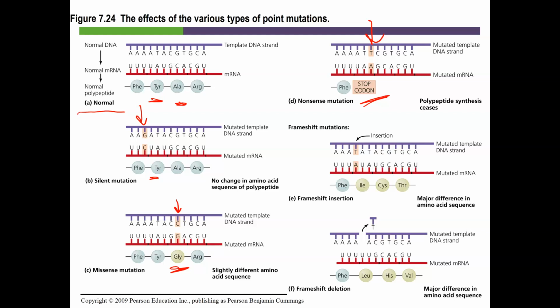Finally, in panels E and F, two different types of frameshift mutations have occurred. In E, an extra nucleotide was added, and in F, a nucleotide was deleted.